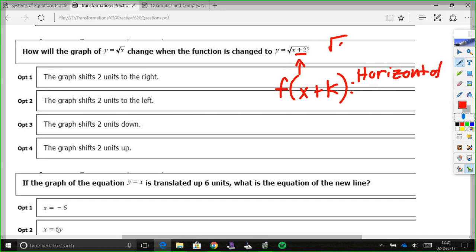If this looked more like this, where you see the 2 is not inside the radical, that would be a more vertical type shift. That would move up 2. But because it's inside the radical, it's moving horizontally. It's moving either left or right. Remember, plus k is left, minus k is right. So since we have plus 2, that means we're moving to the left 2. All right, so there's your answer.